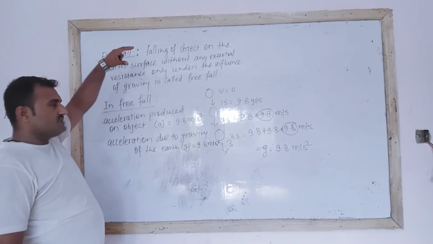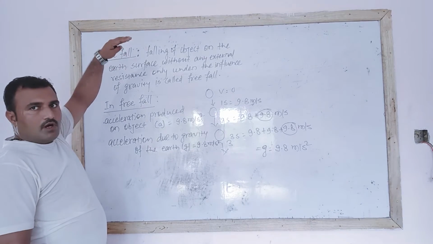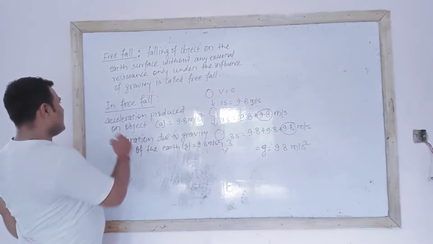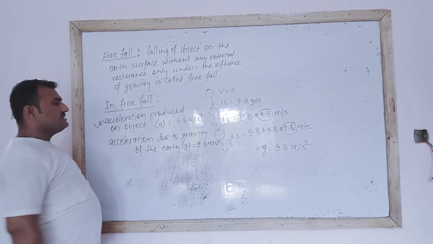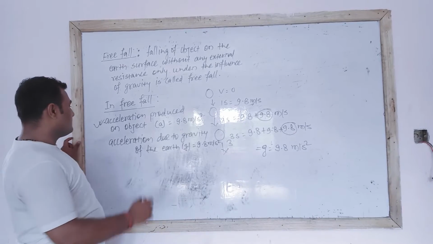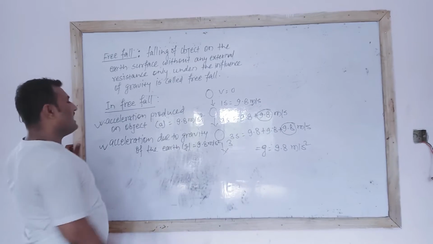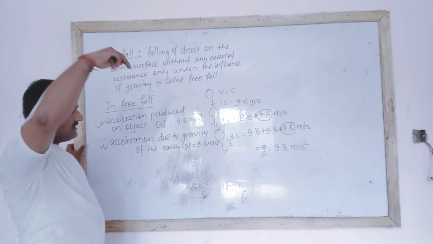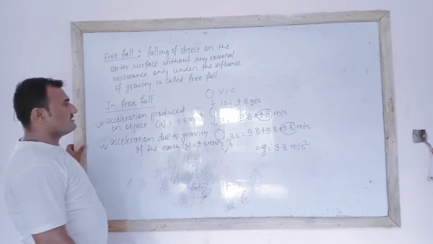When the object is falling on the earth's surface, the acceleration produced on the body is directed towards the center, and the acceleration due to gravity of Earth is also towards the center.